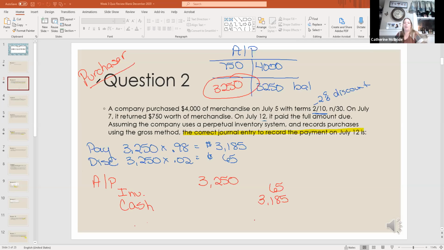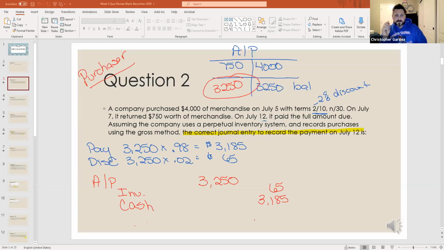All right. Are we good there? Mm-hmm. So this is off of perpetual. I see it now on the third line. Okay. If it's periodic, it would be purchase discount, right? Yes. No. If it was periodic, it would be purchases. Oh, wait. The discount I'm talking about. No, what you're thinking about is if we're the seller, then we're going to record discount.